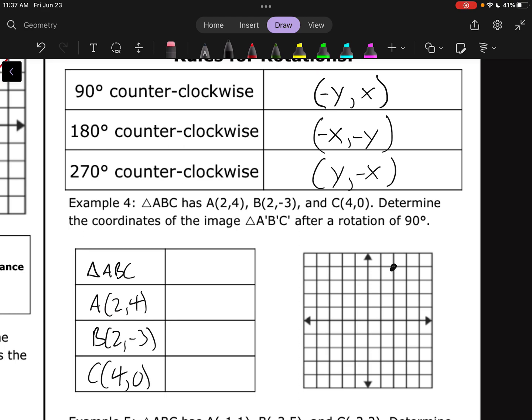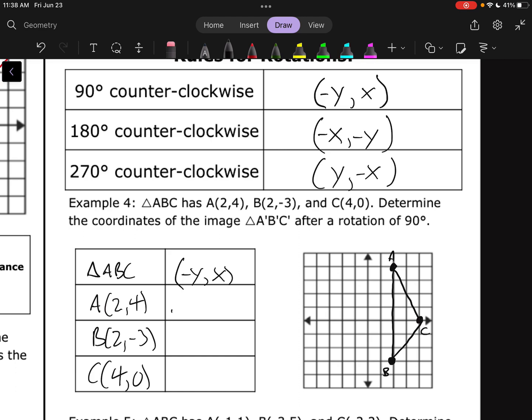So (2, 4), (2, -3), (4, 0). And we're going to rotate this thing 90 degrees. Well, our rule that we just wrote down for 90 degrees is going to be (-y, x).